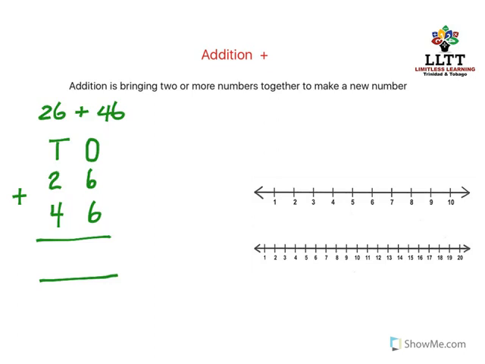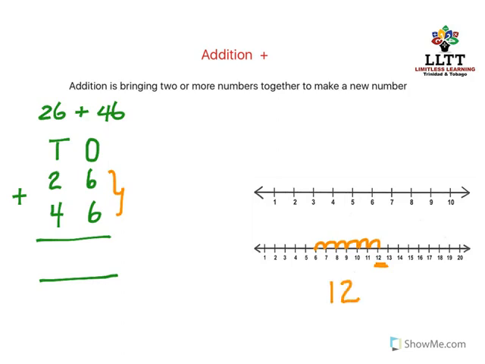So the first thing I want to do is add my ones. I'm starting at 6, and I'm going to add 6. So I'm going to put a yellow dot at 6, and I'm going to move 6 to the right-hand side. So that's 1, 2, 3, 4, 5, 6. That takes me to 12. So 6 plus 6 is 12.